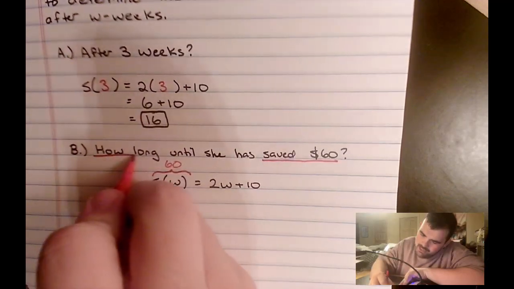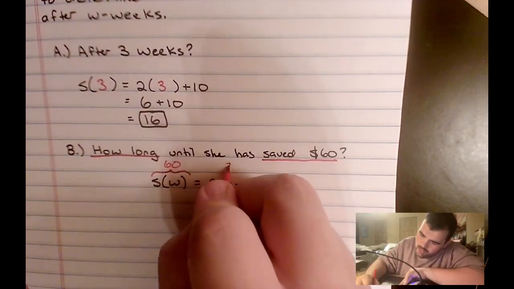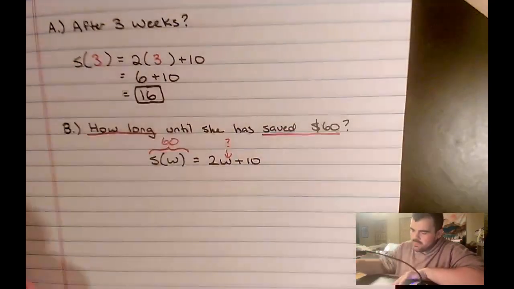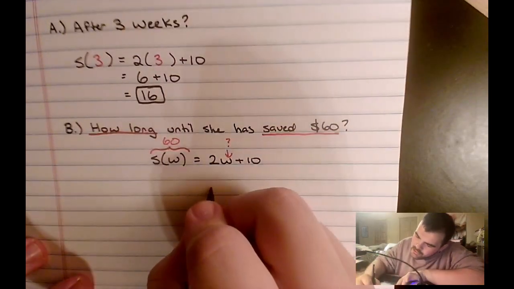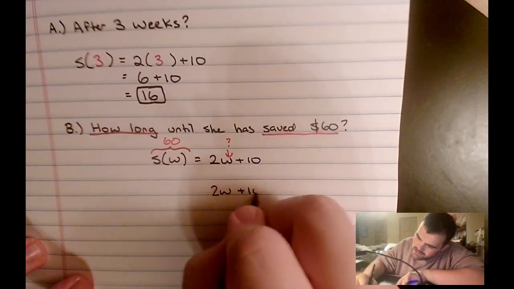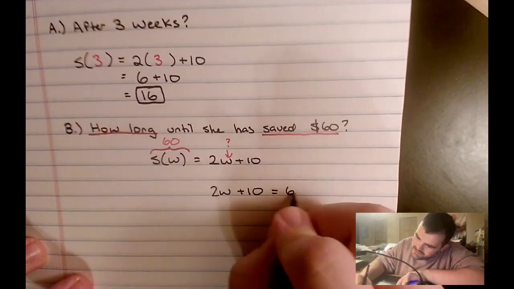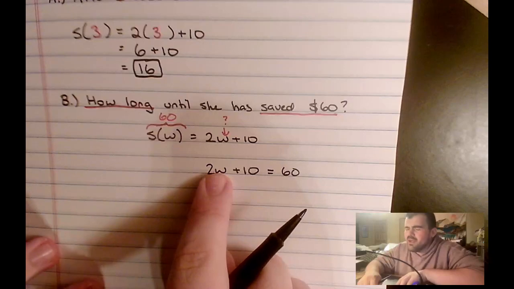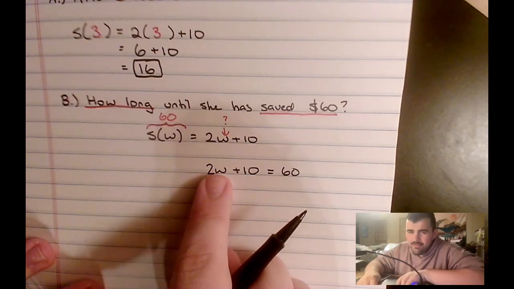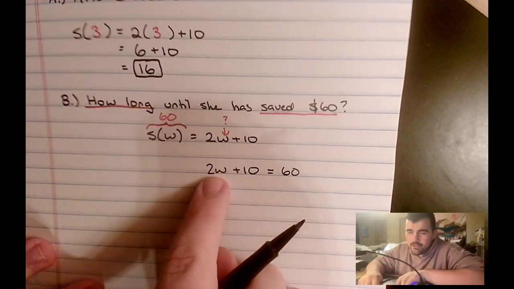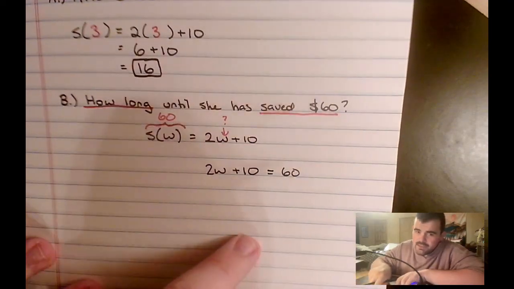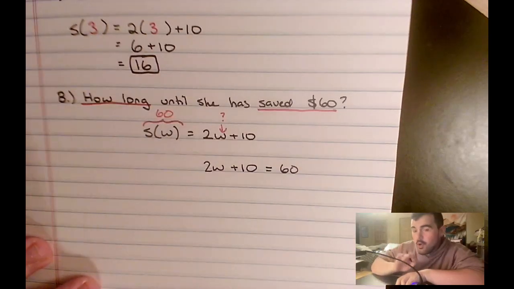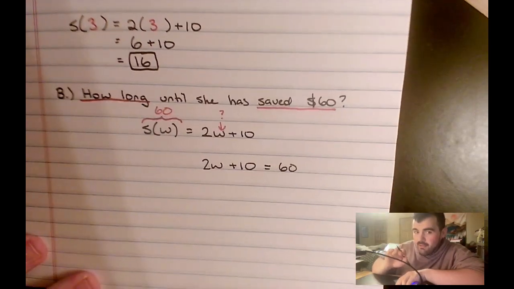And if we're asking how long, we want to know the W. And so what we'll do is take 2W plus 10 and set that equal to 60. Now you could say 60 equals 2W plus 10. For whatever reason, most of the time your math teachers will put the part that has the letter on it on the left side and the parts that don't on the right side, but you could do this the same way. Now again, remember, we already reasoned out the answer is 25, okay?